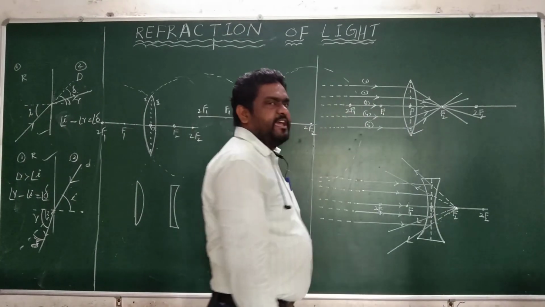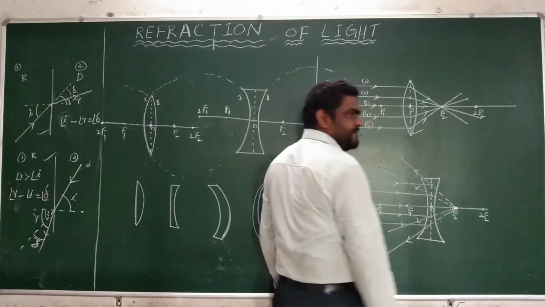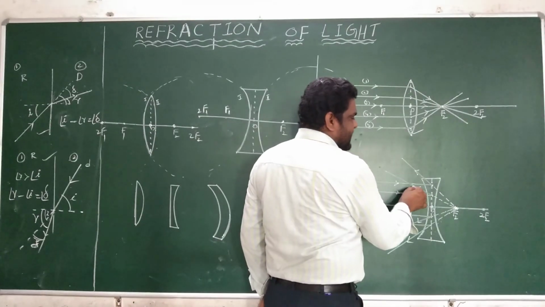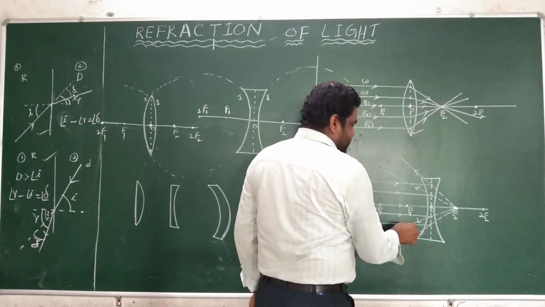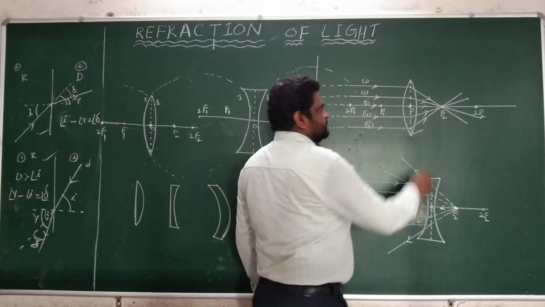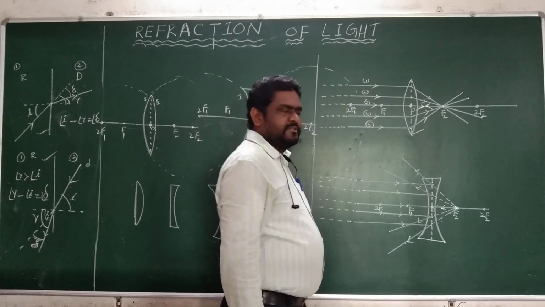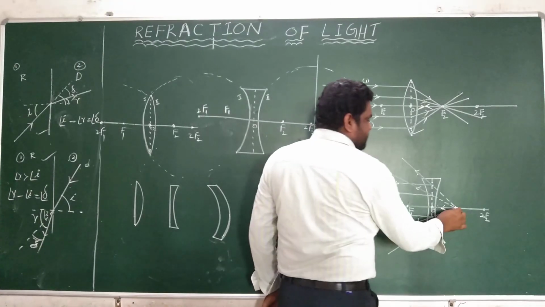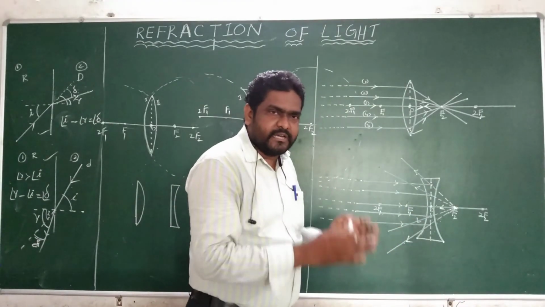That point we call the focus, F2. All these light rays diverge from this point: first ray, second, third, fourth, fifth. So all of these appear to diverge from a point, which we call the focus.